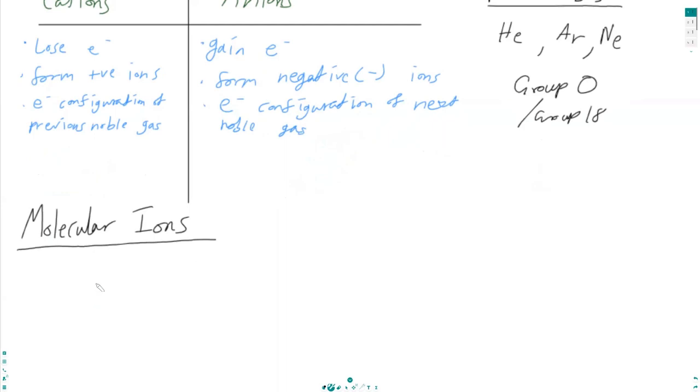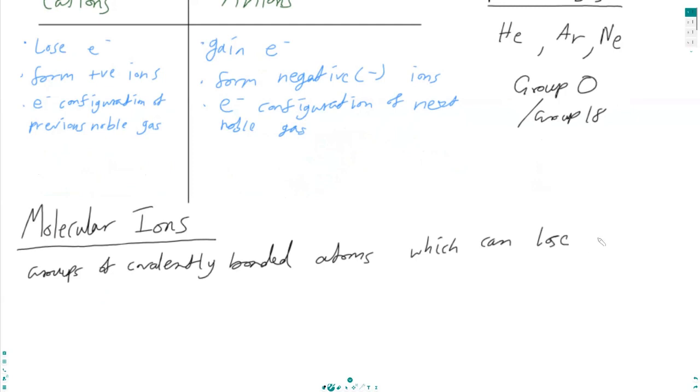So molecular ions are groups of covalently bonded atoms which can lose or gain electrons.